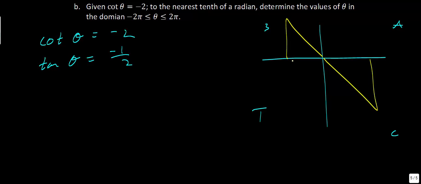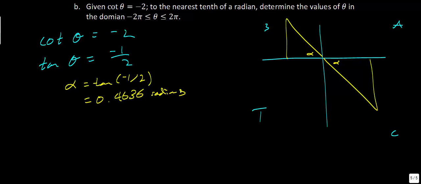Those are the two quadrants we're working on. The question is, what is this little alpha right here? To get alpha, we just need to take the tangent inverse of negative 1 over 2. And when you do that, you end up getting 0.4636 radians.